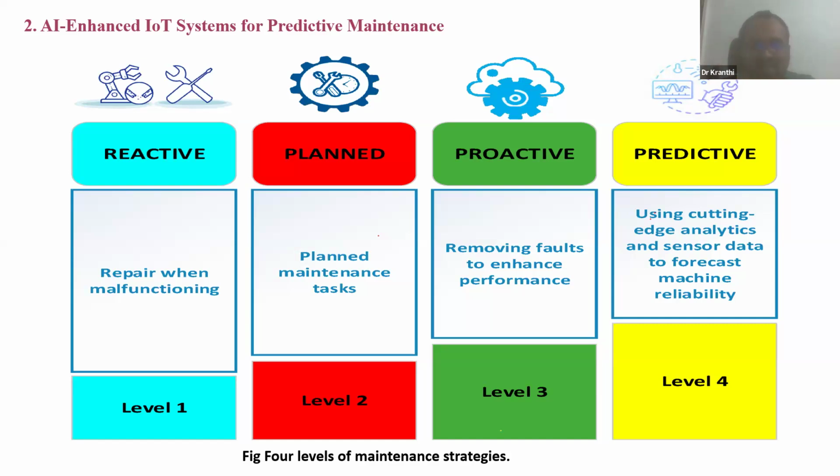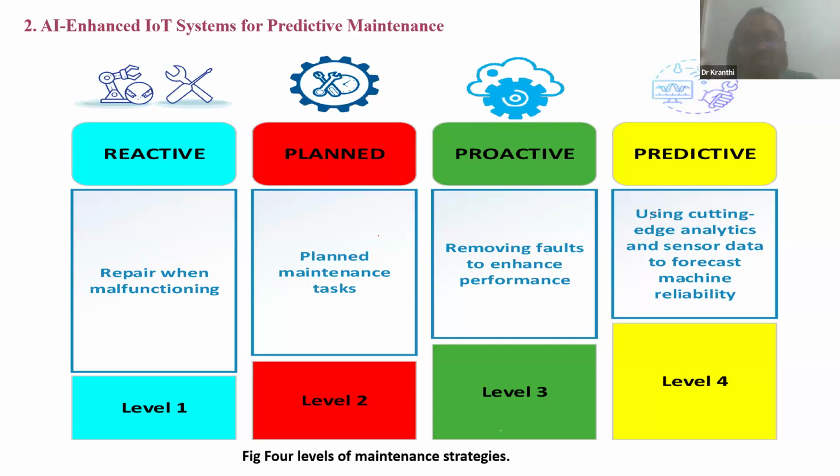It's like servicing a car every 10,000 kilometers. This helps reduce breakdowns compared to reactive maintenance, but sometimes it means we replace parts or perform maintenance earlier than necessary. So hope you understand the clear difference between reactive and planned.